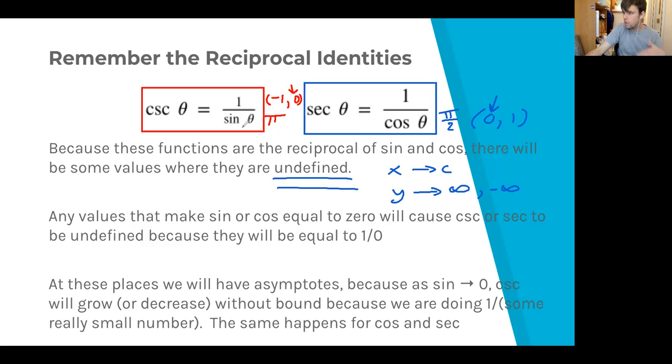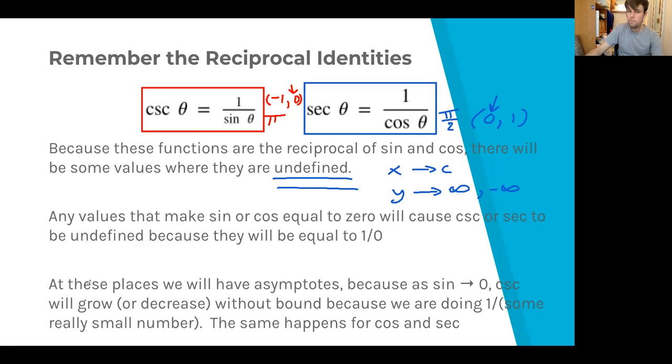As we get closer and closer to that, our sine value is getting closer to 0, which again causes us to have 1 divided by something very, very small. We're growing without bound again. Any values that make that happen will cause us to have an asymptote, because as we approach that constant, we're growing or decreasing without bound. We get that asymptote behavior.